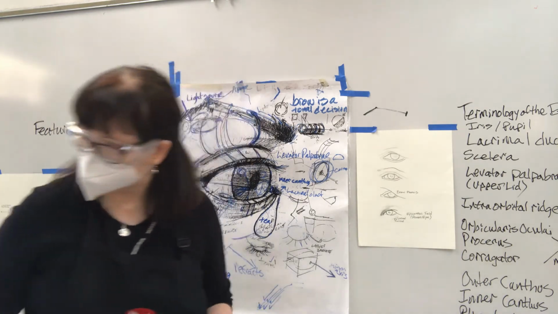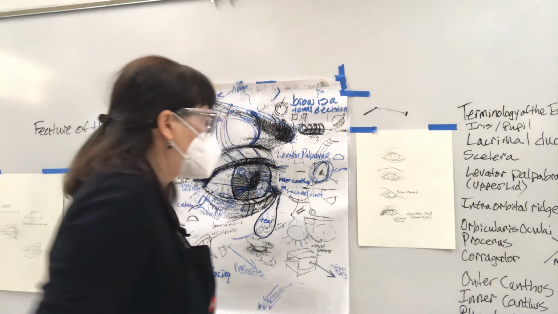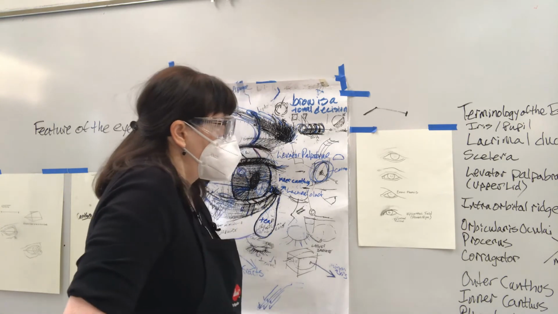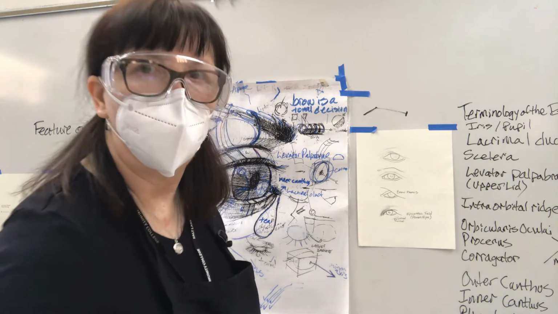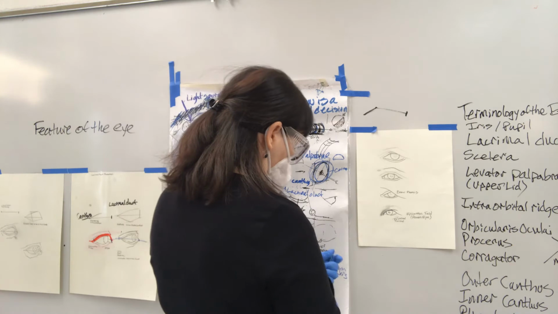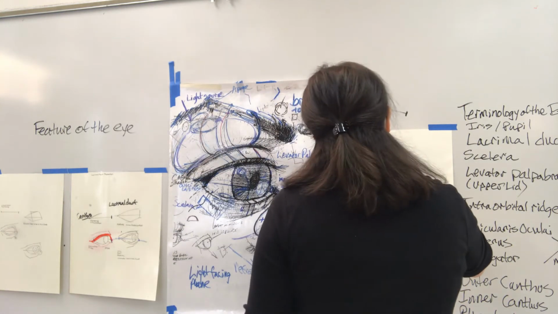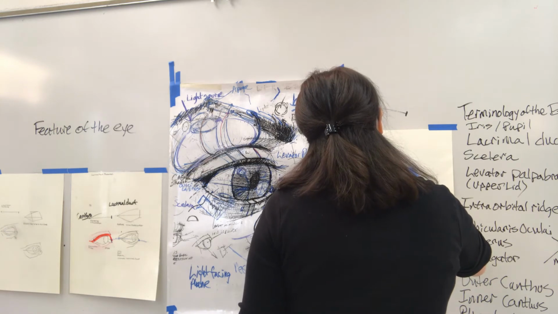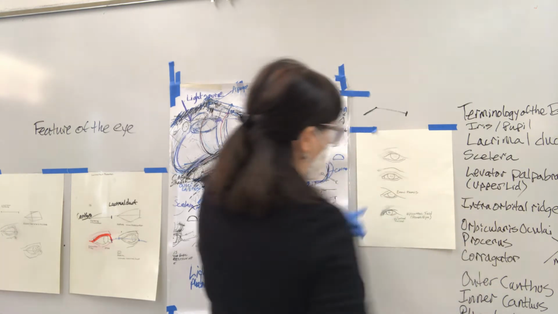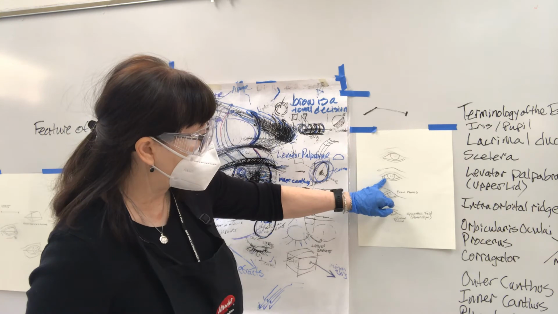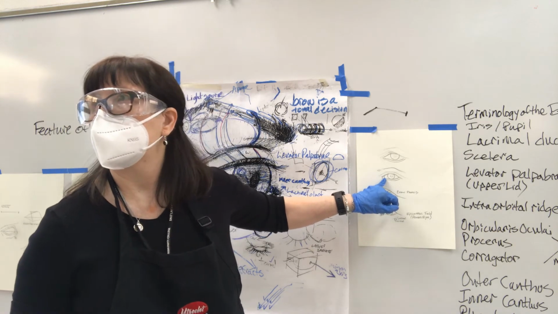Let me draw it out for you right here. So on this corner of this eye right here, this is what's called the plica band. And we have other areas that have a band. And that little plica band is very viscous and red.